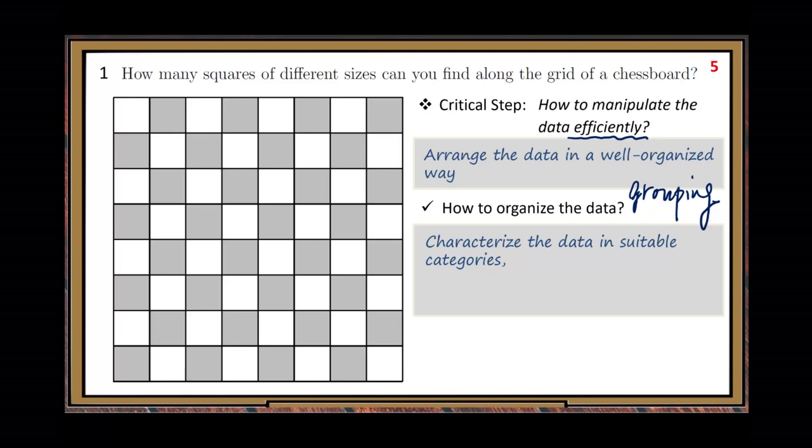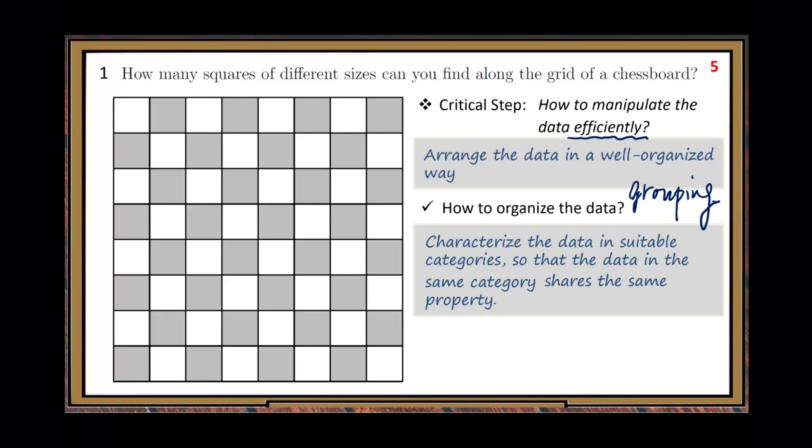The data in the same category shares the same property. Otherwise, if the data from different categories is mixed, then their properties also mix, right?